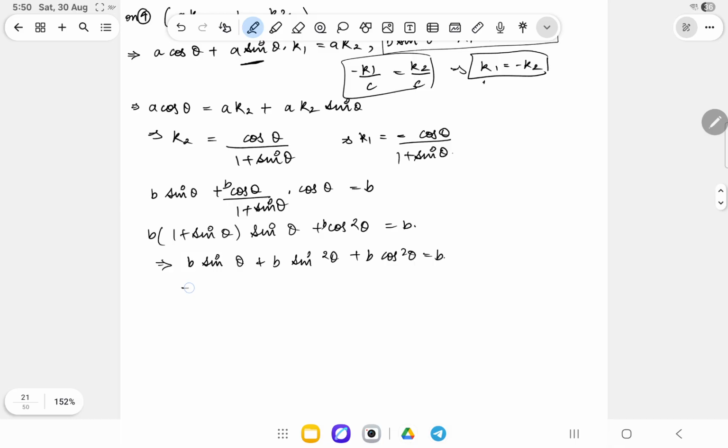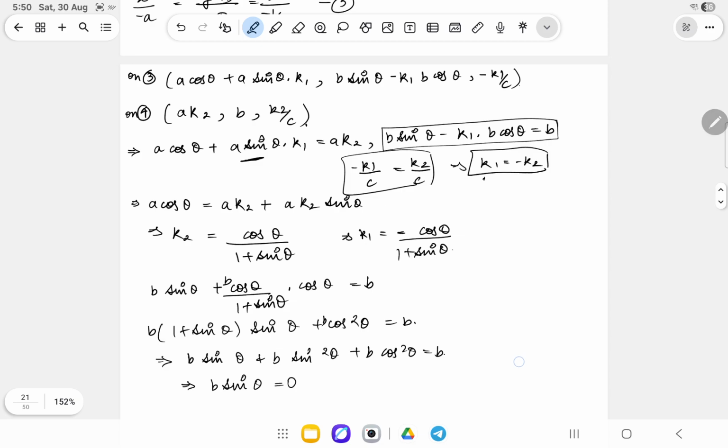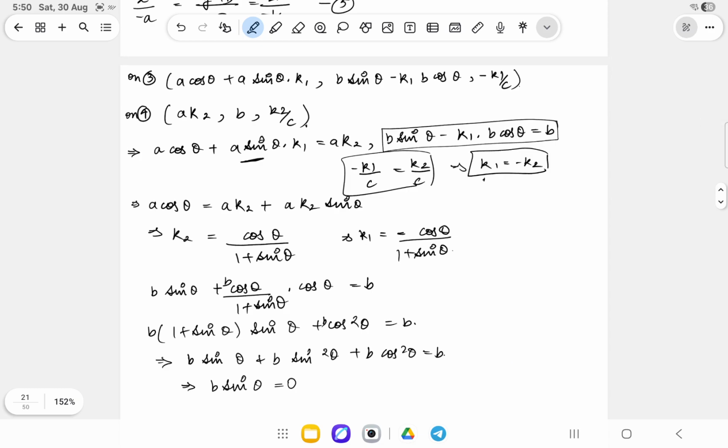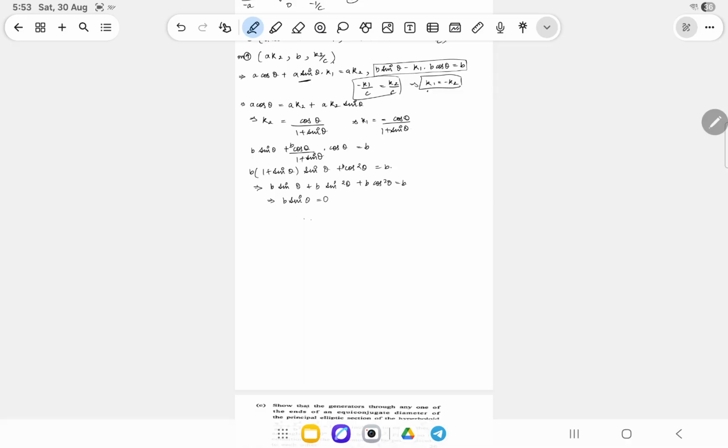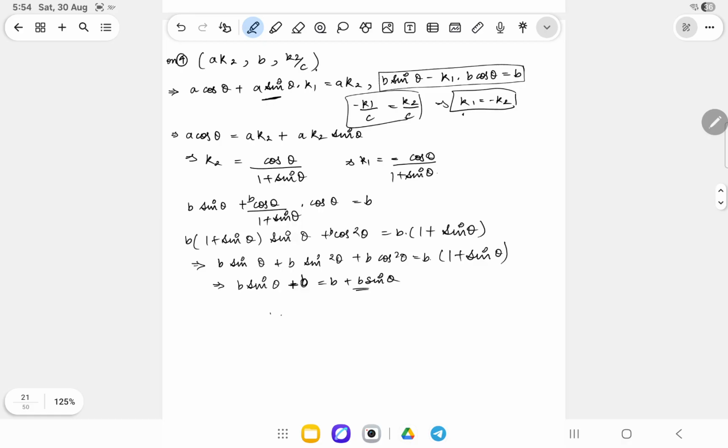So from here I got b sin theta is equal to 0. I guess we made some mistake above. When we were solving this, we had taken the LCM as 1 plus sin theta, so that 1 plus sin theta will be here as well. So I'll be getting b is equal to b plus b sin theta. So this satisfies this as well. So my k1 is this and my k2 is this.